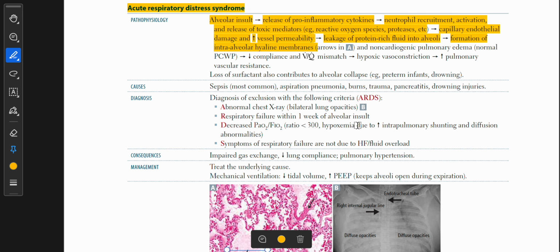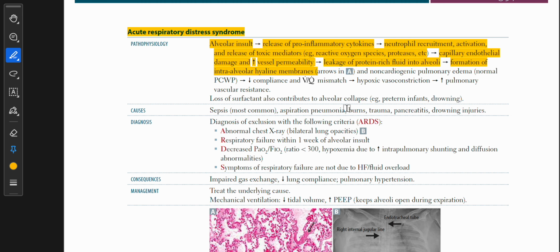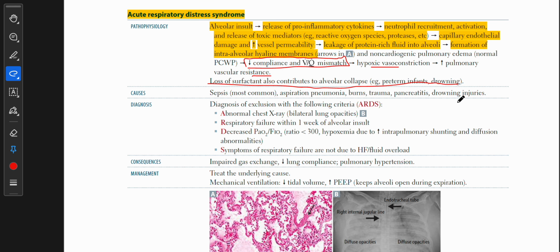There is also non-cardiogenic pulmonary edema with normal PCWP, which leads to decreased compliance and increased V/Q mismatch, that is ventilation-perfusion mismatch, which leads to hypoxic vasoconstriction and increased vascular resistance. There is also loss of surfactant, which contributes to alveolar collapse, as in preterm infants and in drowning cases. So that is the pathophysiology of acute respiratory distress syndrome.